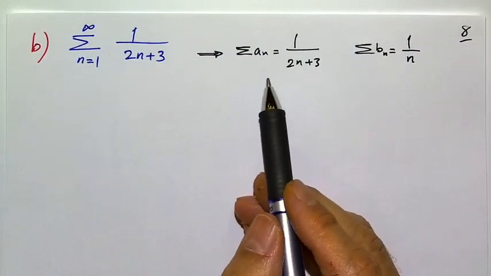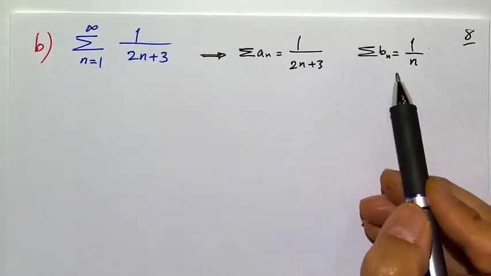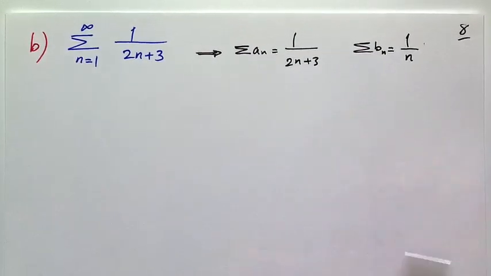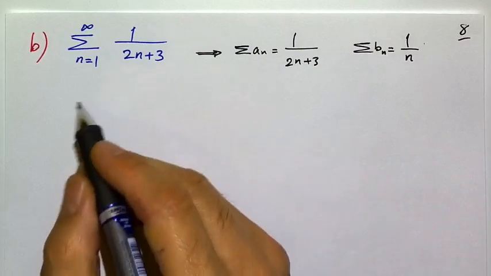Now we're going to take the limit of the ratio of this series divided by that series to see whether we can apply the limit comparison test.